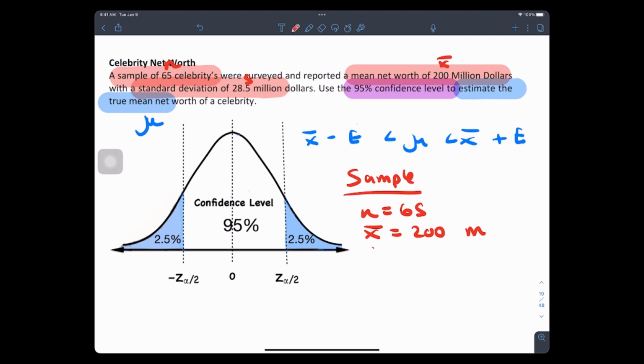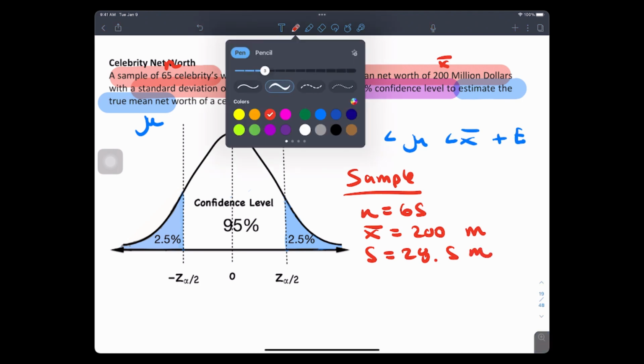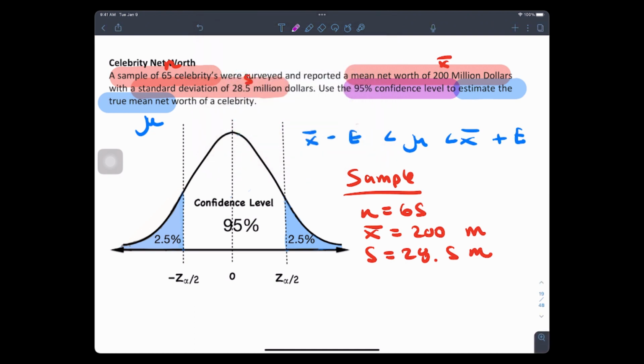What's the sample standard deviation? 28.5 million. And then they want the 95% confidence level. Is that right? Okay. Easy peasy lemon squeezy. Is that right?